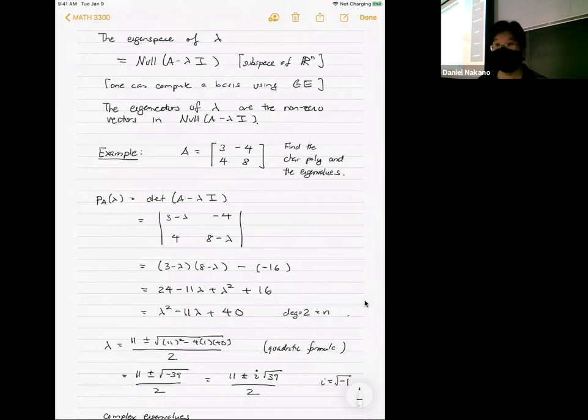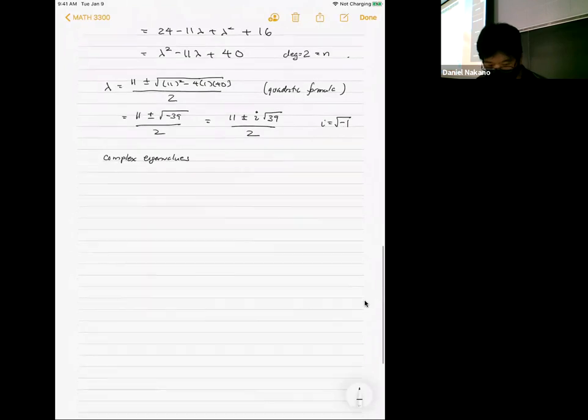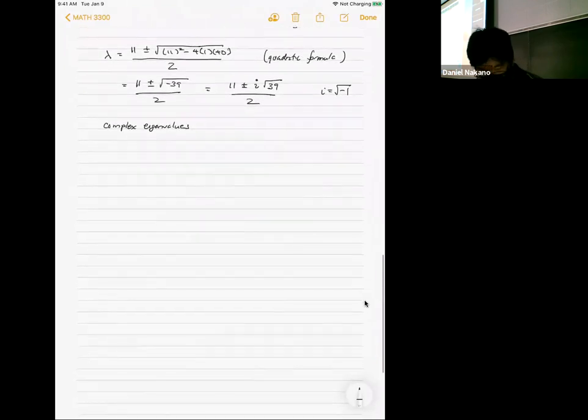All right, so we won't find the eigenvectors. We'll actually do another problem where we do find the eigenvectors. Let's see. I guess we did do a problem using the eigenvectors, but let's do another one. So here's another example.